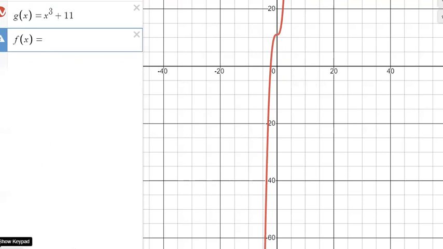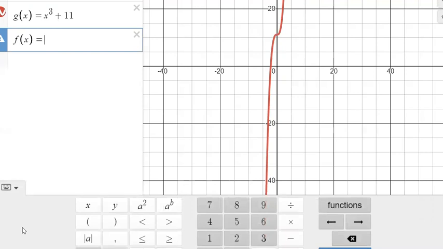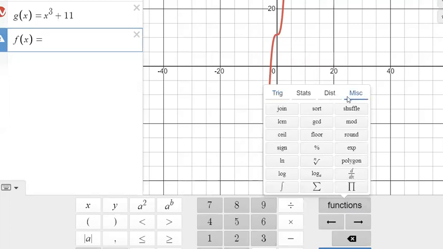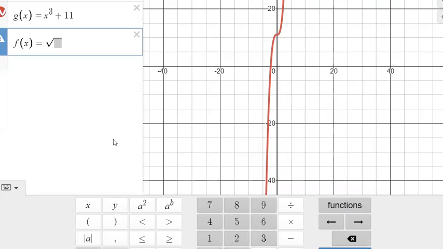So I need to go down to the keypad and grab the cube root. Where is that? It's going to be under functions, I think. Yeah. Go over to miscellaneous, this fourth tab right here, and click on n cube root right here. It'll be beside polygon. And now I can make my index into a 3 and put x minus 11 on the inside.